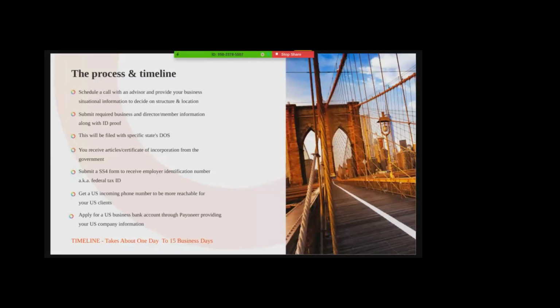Once the Department of State approves your incorporation application, you will receive articles or a certificate of incorporation from them. Then you go to the IRS and file an SS-4 form to receive your employer identification number, or the federal tax ID. At this stage, once you receive the federal tax ID, you are good to go and start your business.